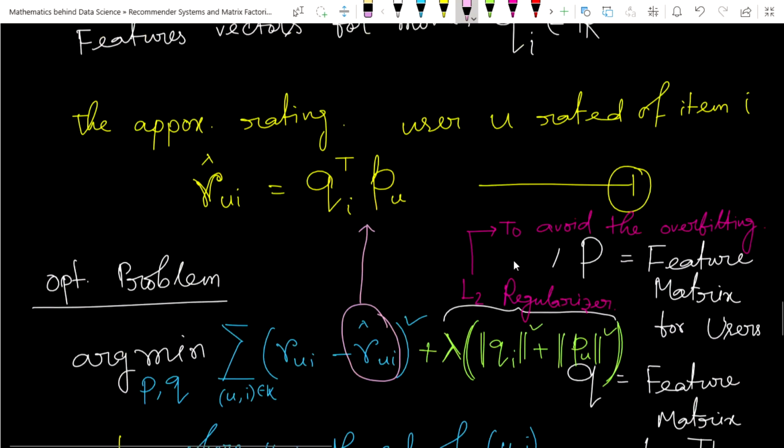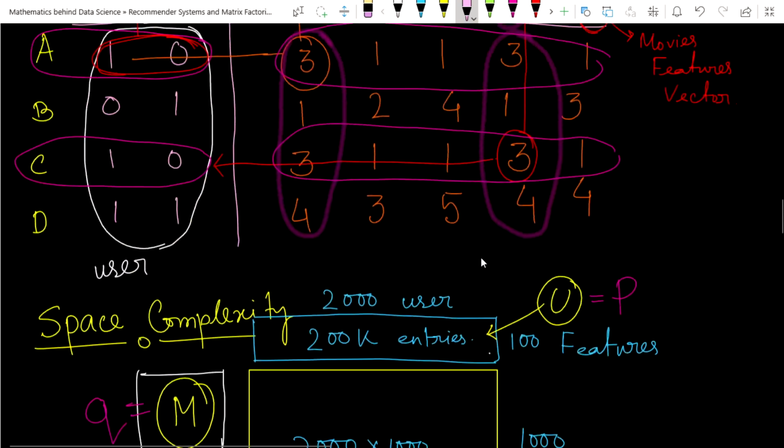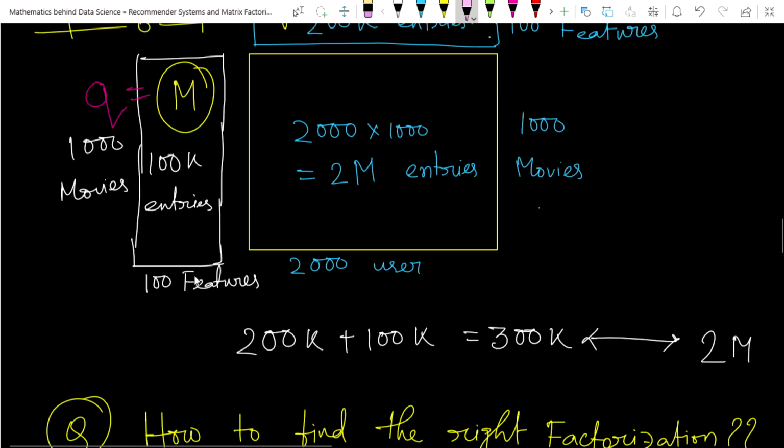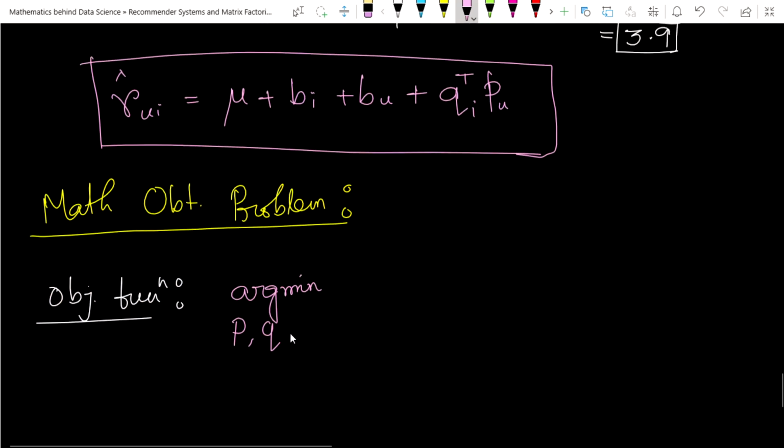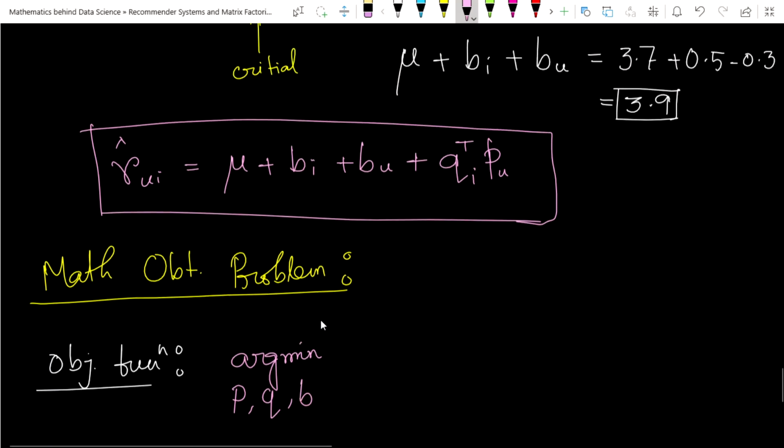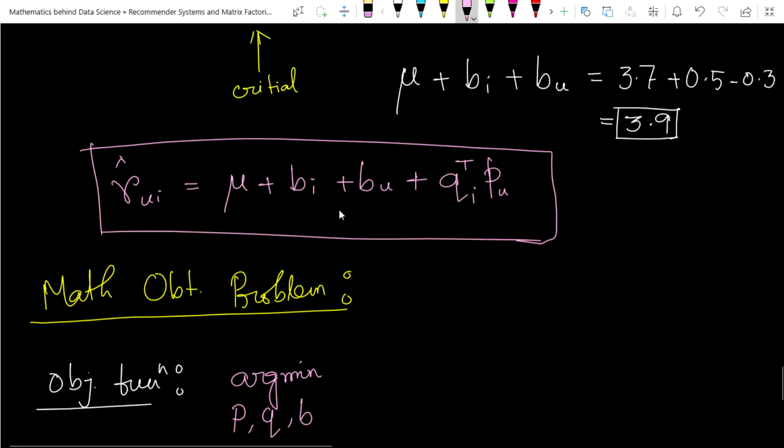These are the matrices that we have seen: P for the user matrix, Q for the movies matrix, the features matrix for users and the features matrix for movies, and B is this bias matrix, which is responsible for these biases.